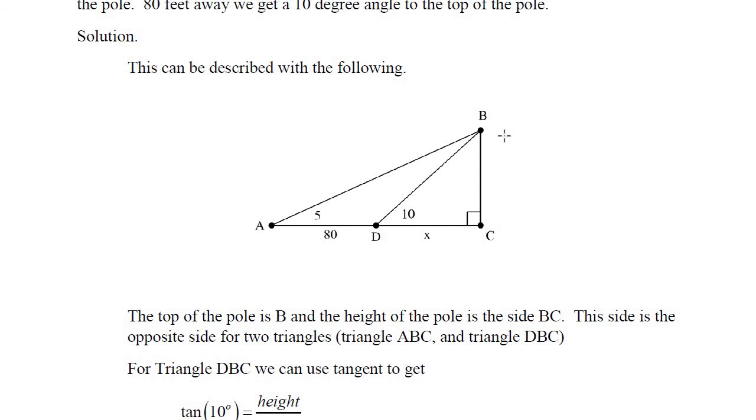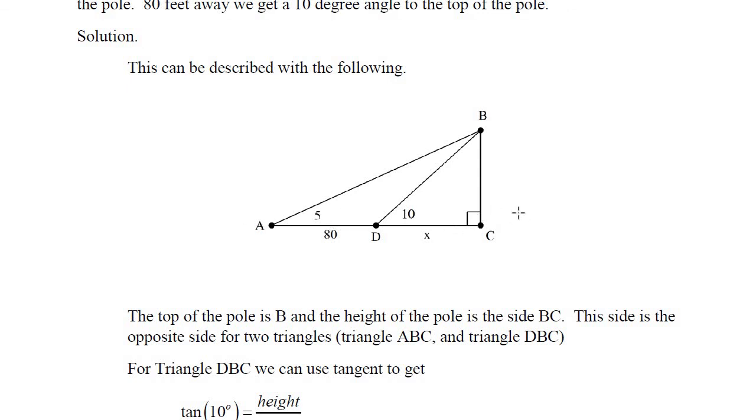So that big lengthy decimal times the tangent of 10 degrees, and that ends up giving me that my pole is about 1.39 feet high.